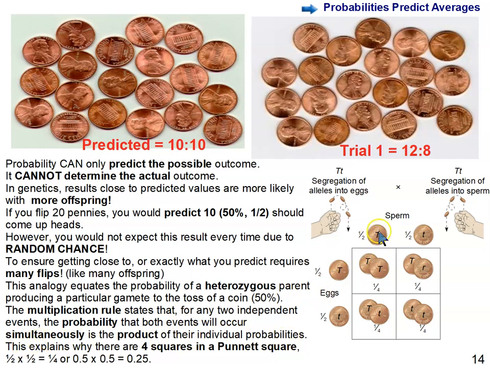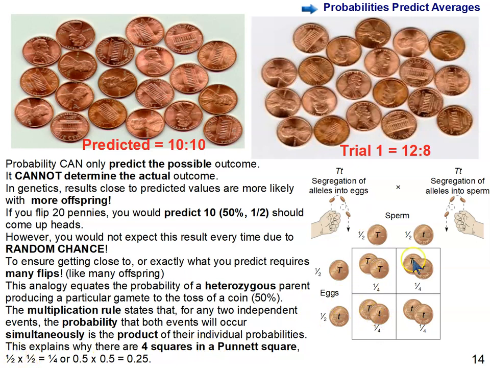In other words, 1/2 times 1/2 in this case, and that's 1/4. So the probability of flipping two heads with two coins at the same time is 1/4. And that equates to having an offspring that has two dominant alleles, like we see in the Punnett square.